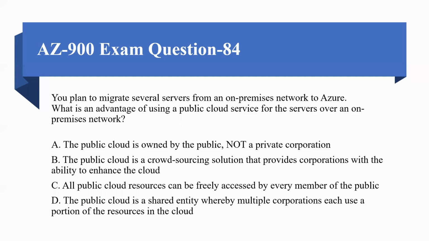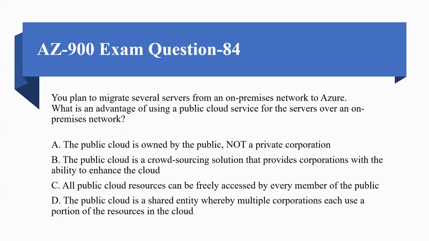Coming to the question number 84, you plan to migrate several servers from an on-premises network to Azure. What is the advantage of using a public cloud service for the servers over an on-premises network? Option A, public cloud is owned by the public, not a private corporation. Option B, public cloud is crowd-sourcing solution that provides corporation with the ability to enhance the cloud.